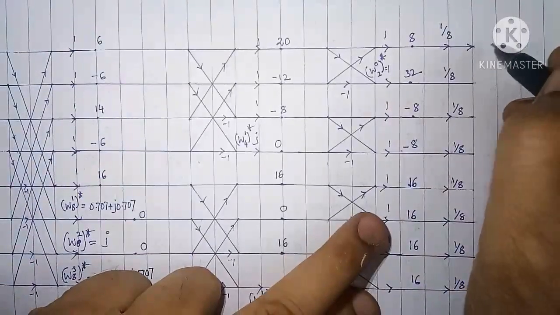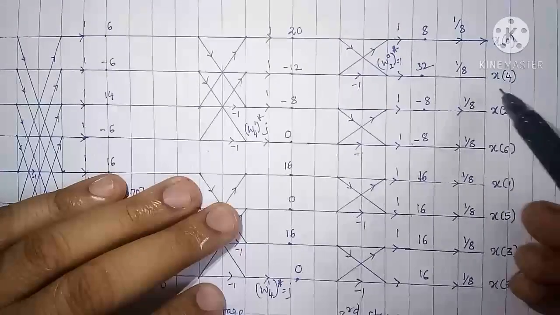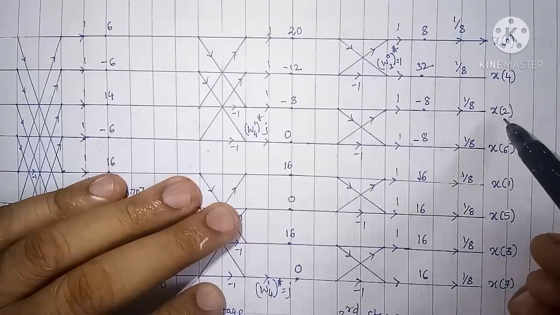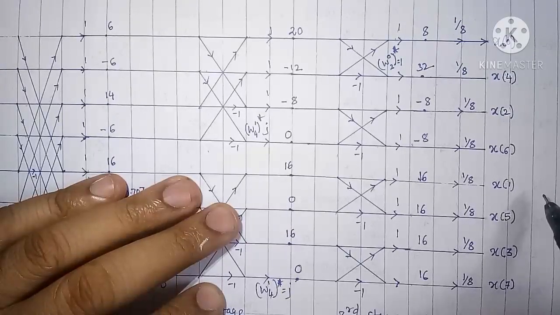The outputs here are x of 0, x of 4, x of 2, x of 6, x of 1, x of 5, x of 3, x of 7.